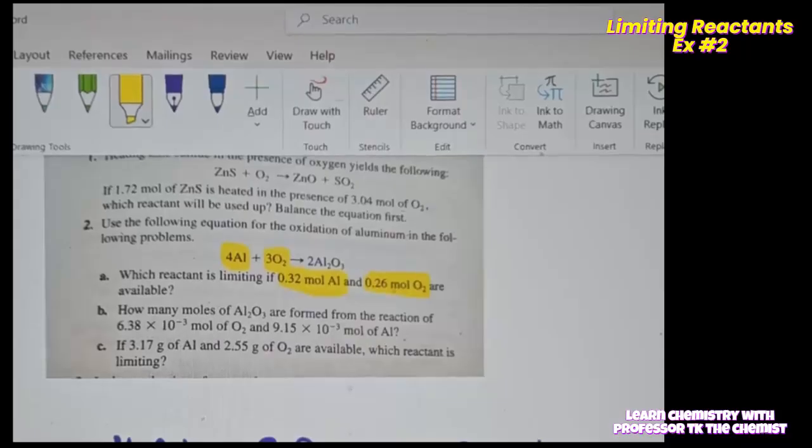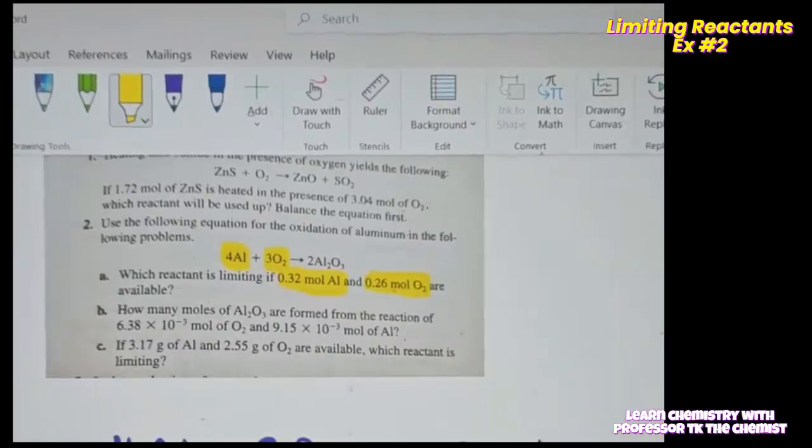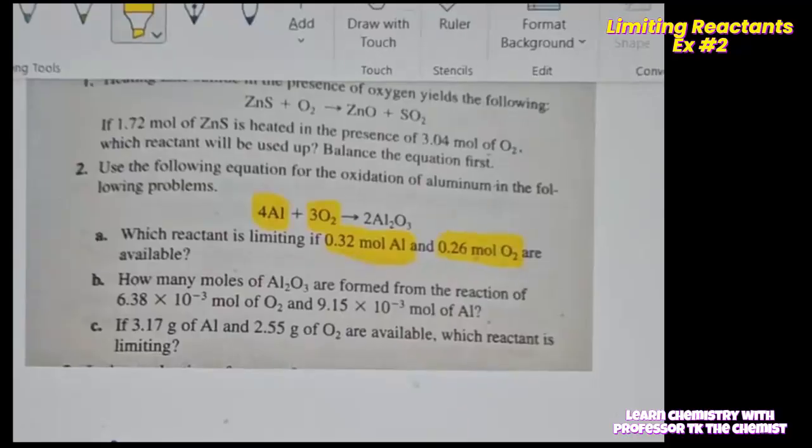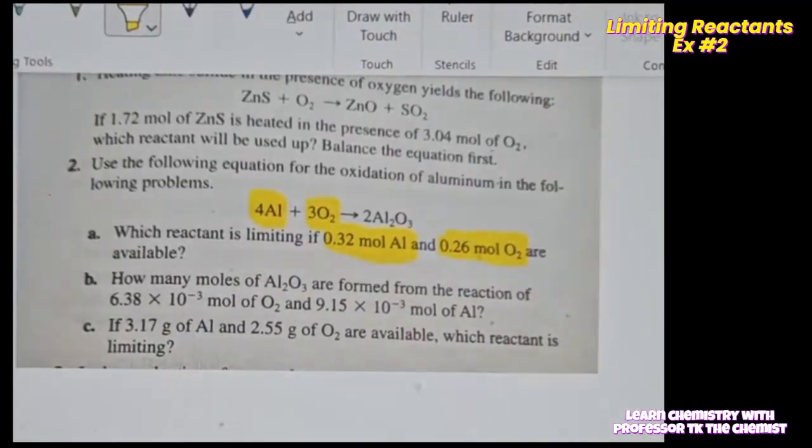Now, I am going to take those numbers there. Let me zoom in so you all can see. I'm going to take those scientific notation moles, right? I'm going to actually rewrite them in decimal form. Just FYI, I'm going to take those numbers that are in scientific notation and put them in decimal form, only because it's just going to make things a little simpler in terms of doing the actual problem, okay?